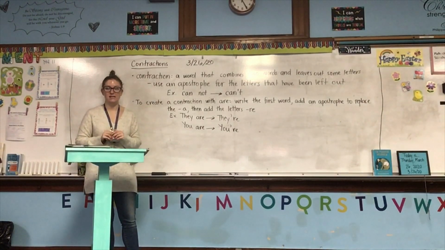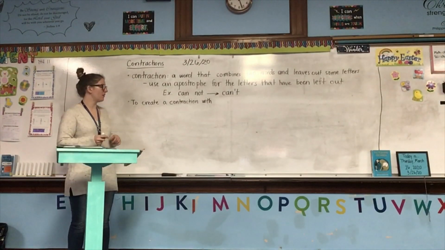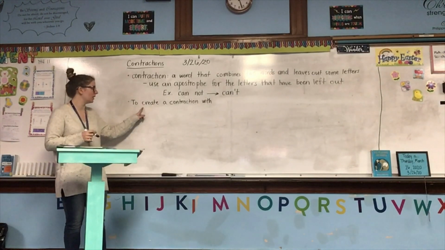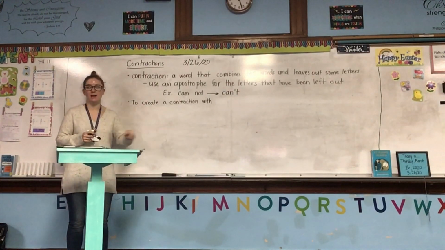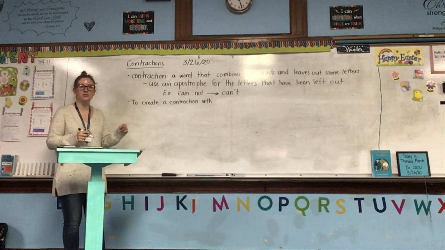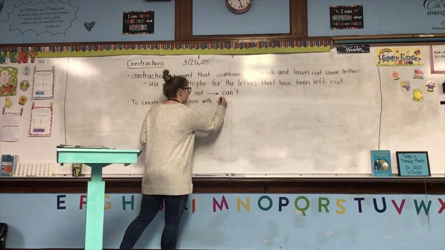Okay, if I was going too fast, go ahead and pause now and finish the notes. Okay, now go ahead underneath where you wrote how to create contractions with the word are. Rewrite "to create a contraction with," because now we're going to talk about how to create contractions with the word will.